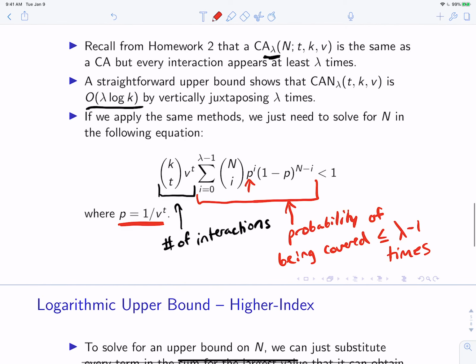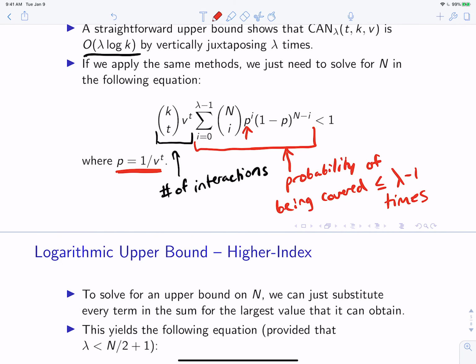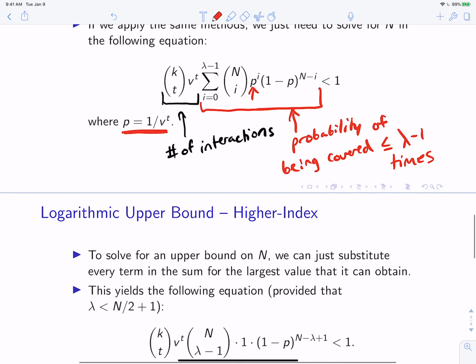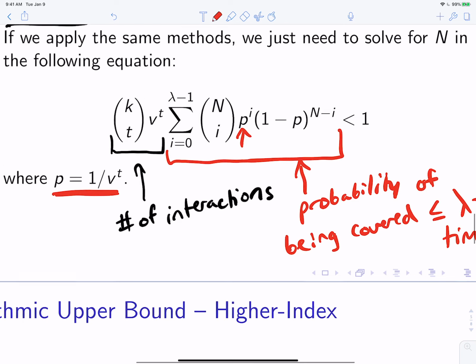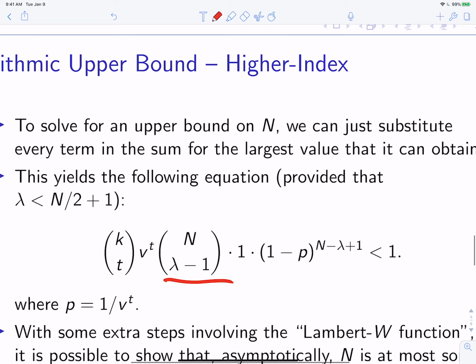Here, you can't. So one technique that I thought, which seems kind of stupid, is, well, I don't know what this sum is, but what I could do is replace each of the terms with the largest possible value that it could ever obtain. So for the n choose i thing, n choose 0 is 1, n choose 1 is n, n choose 2 is bigger, n choose 3 is bigger, n choose 4 is bigger. So it keeps going up. So I just choose n choose lambda minus 1, the highest value it ever obtains.